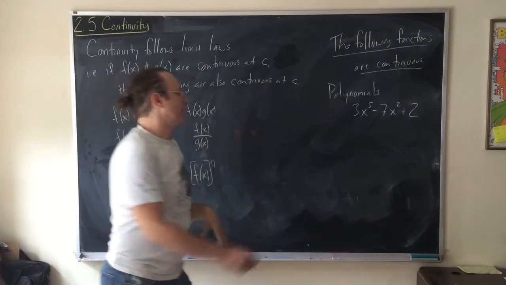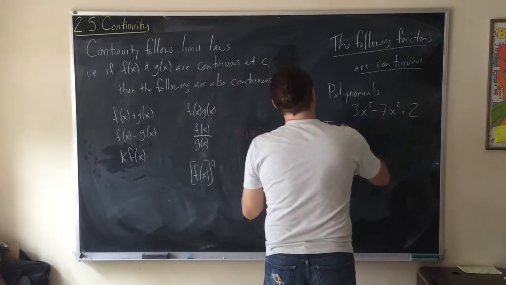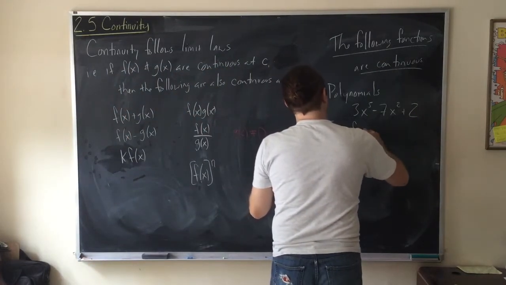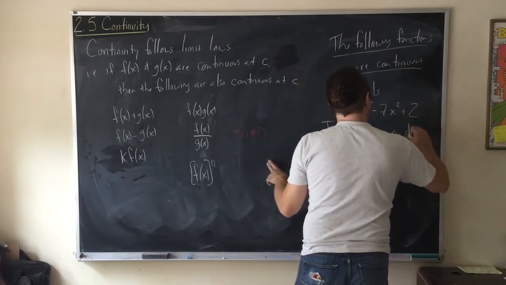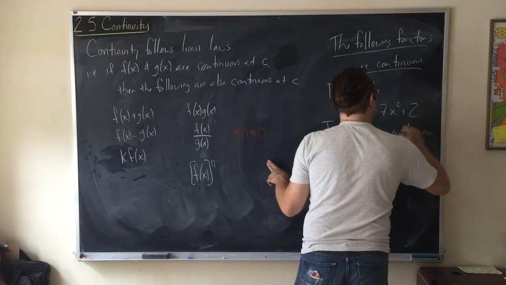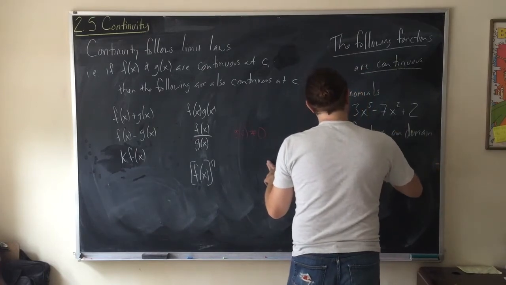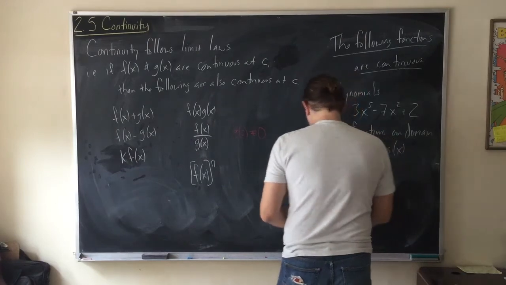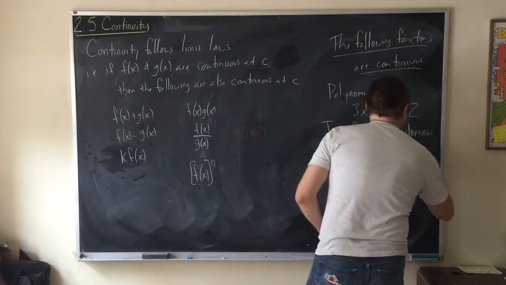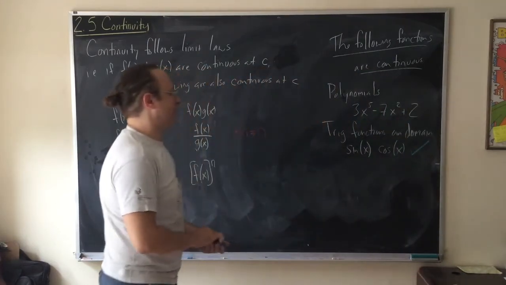So polynomials are continuous. So are trig functions on their domain, mind you. So sine of x and cosine of x have domains everything and are therefore continuous everywhere.